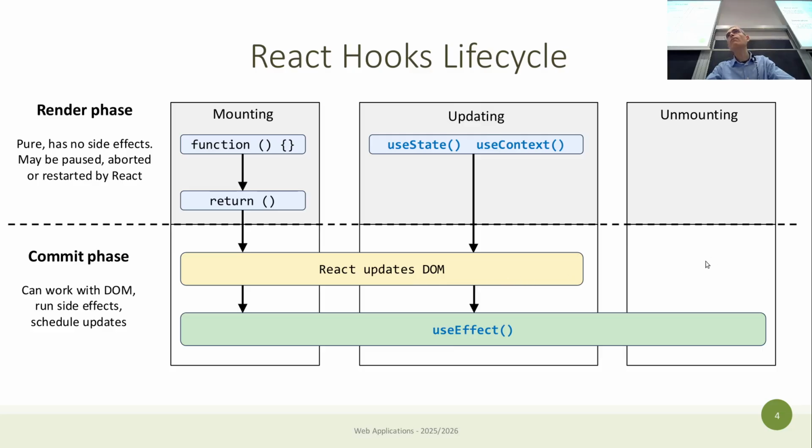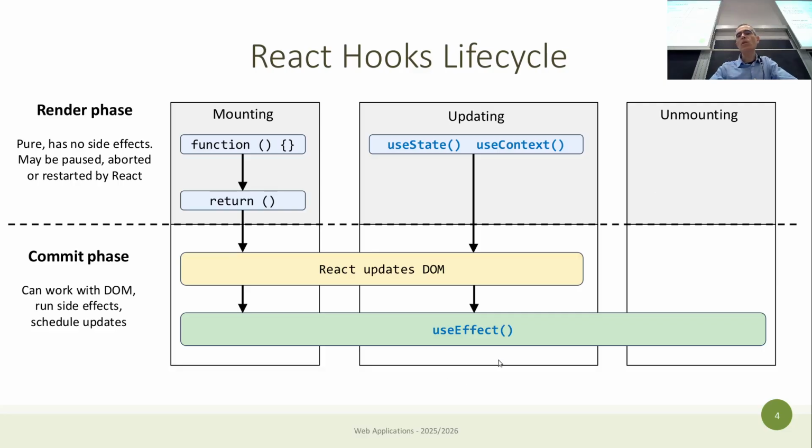When the component is unmounted, there's nothing to update. Things should just disappear, right? We could have extended this here just to say it disappears, but probably it's not so necessary. What instead is useful to know is that we can attach code in this commit phase, depending also on the phase in which we are: mount time, update time, or unmount time.